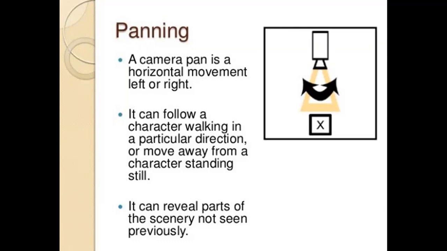It can reveal the parts of the scenery not seen previously. A camera pan is a horizontal movement left or right, and it can follow a character walking in a particular direction or move away from a character standing still.